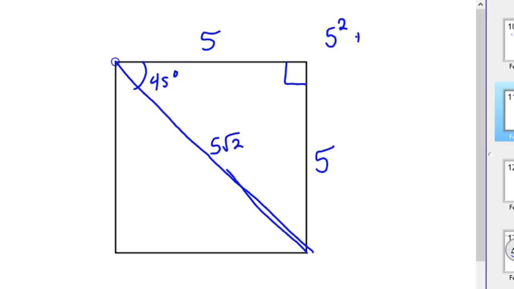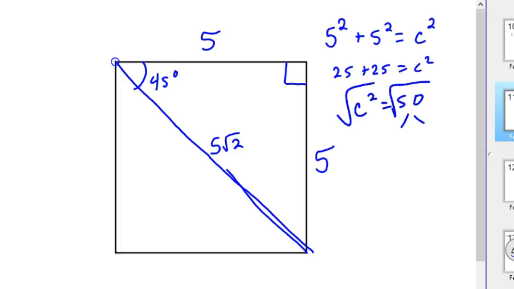Well, 5 squared plus 5 squared equals c squared. That's 25 plus 25 equals c squared. So c squared equals 50. You root both sides, break it down. 50 is 5 and 10, and 5 and 2, and there's your pair. And so c is 5 root 2.